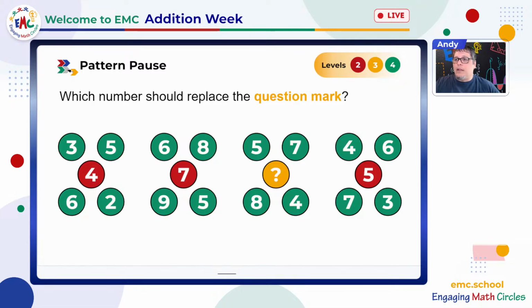It might be a little harder for level 2, grade 2. Should be relatively normal for level 3s. And people going from grade 4 will find this a little easy today.